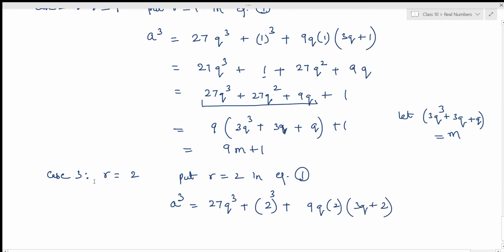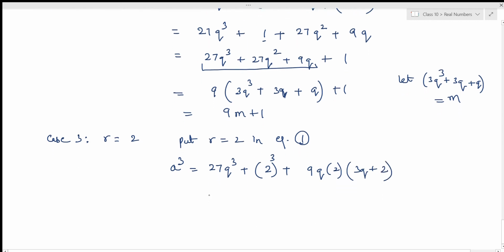Let's multiply everything. We'll get 27Q cube, I have the 8 also, and then 54Q square, and then 36Q.